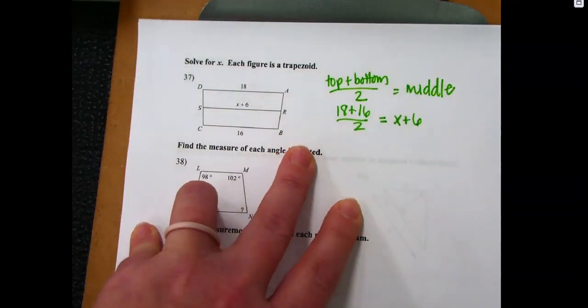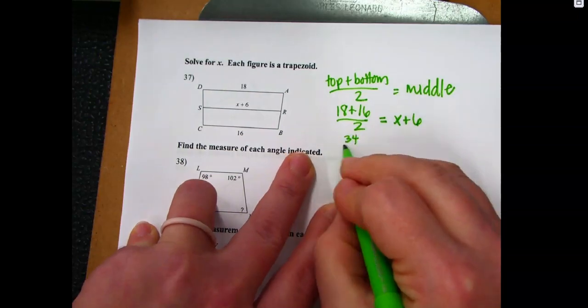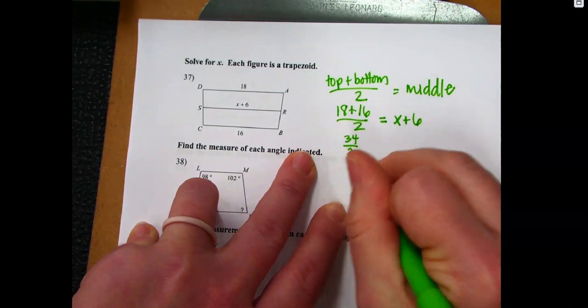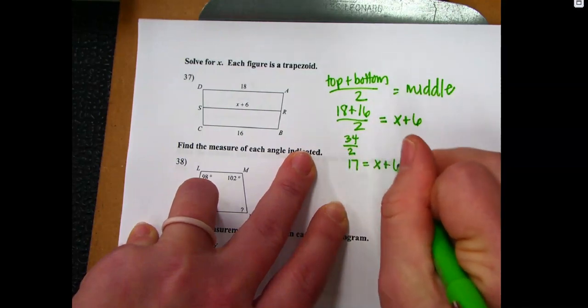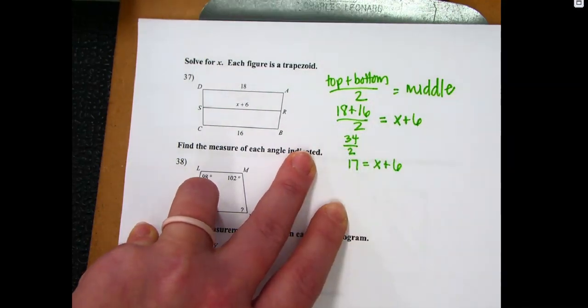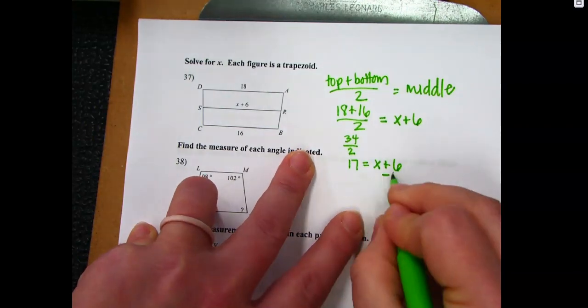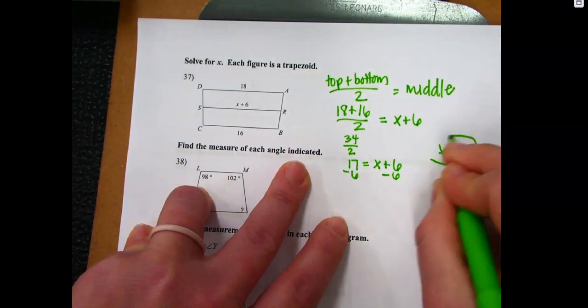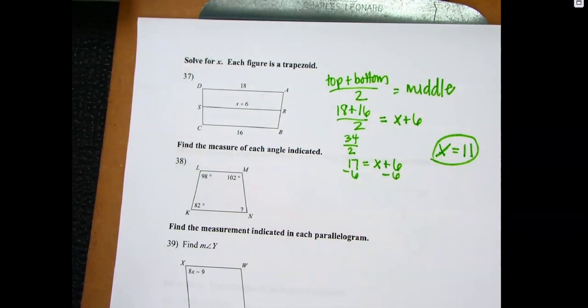So 18 plus 16 is 34 divided by 2. That gives you 17. So 17 is equal to x plus 6. You subtract the 6. So x is equal to 11.